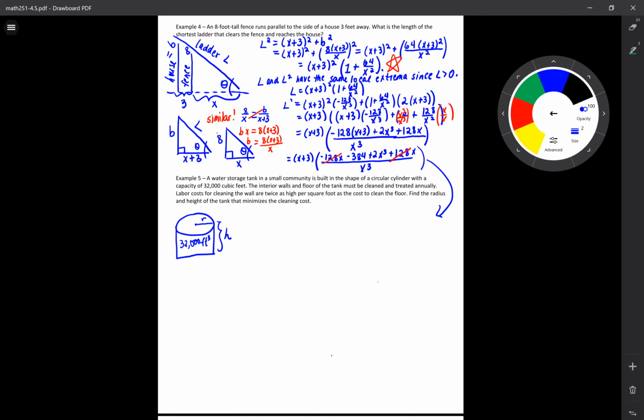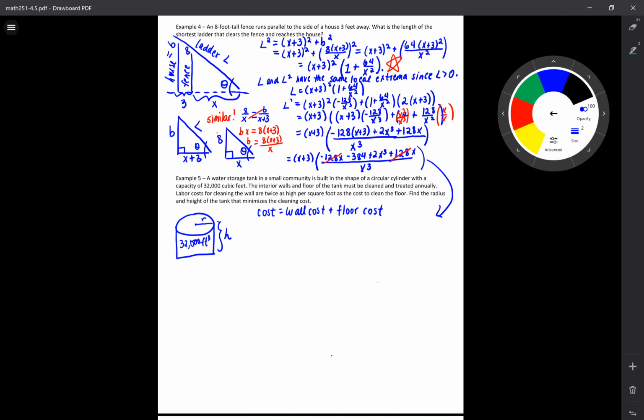So our function that we are trying to minimize is cost. And here it says that the cleaning costs for the walls are twice as high per square foot as the cost to clean the floor. So I'm going to say cost is equal to wall cost plus floor cost. We're trying to minimize this. So now I just need to figure out what each of these are.